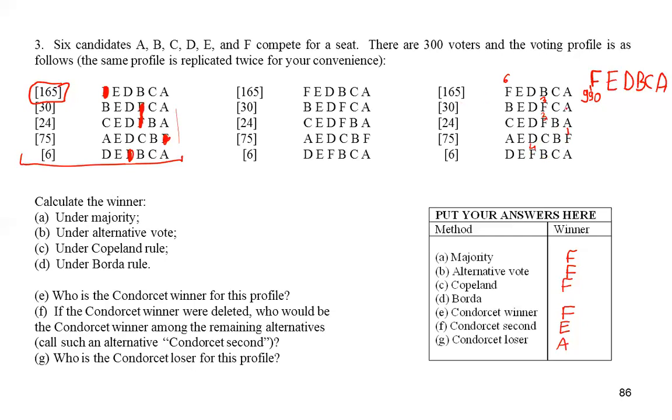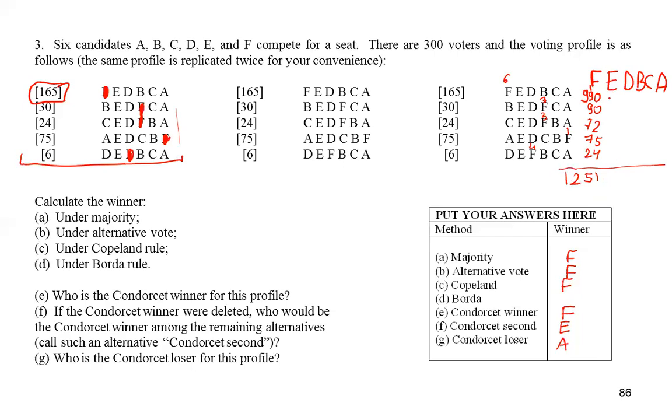So now 3 times 30 is 90. Now it is 72, 75, and 24. So what is the total? 1,251.